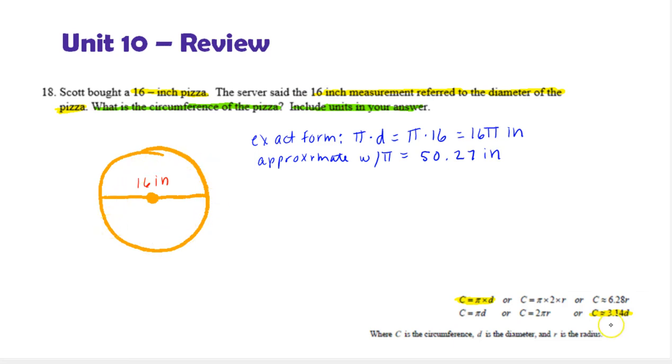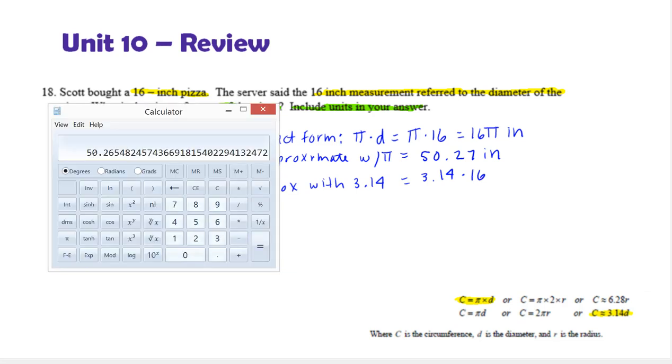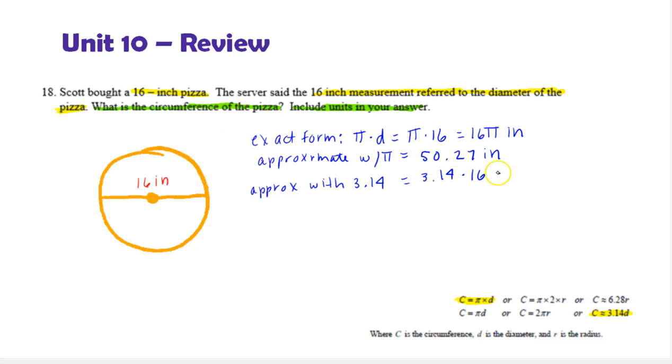We could also approximate with 3.14. It depends on what the directions say, and if the directions don't say, like it didn't here, then you can use whichever one you want. 3.14 times 16 is 50.24 inches.